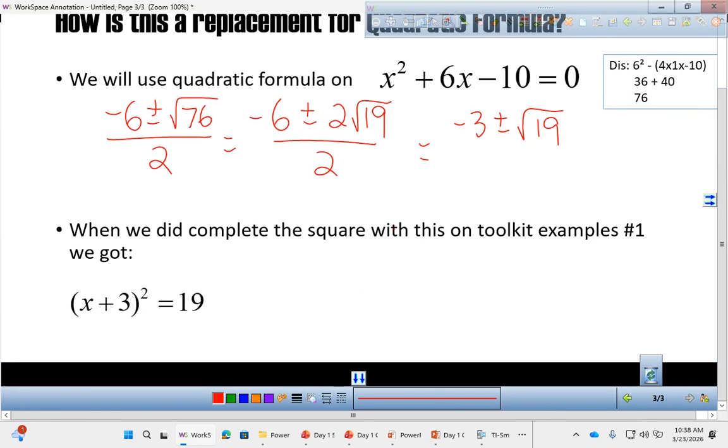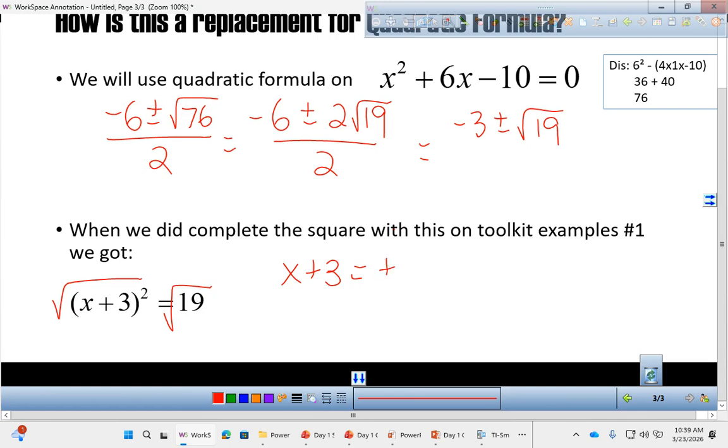Now over here, if I wanted to solve this problem for x, because that's what quadratic formula essentially does, right? It gets you what x equals. Well, what I could do is take the square root of both sides, and that's going to get rid of the square here. And that's going to give me an x plus 3 on this side. And anytime you take the square root of a number, you get 2 answers, right?